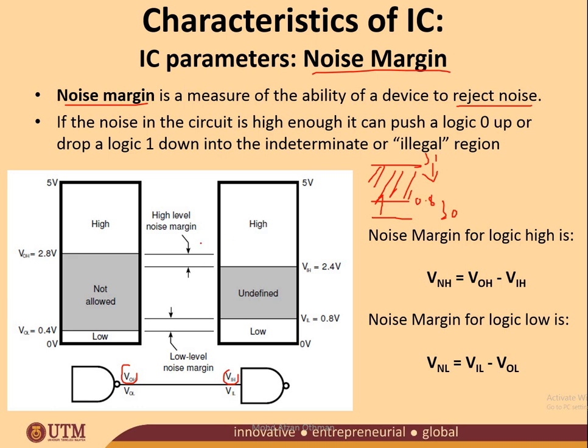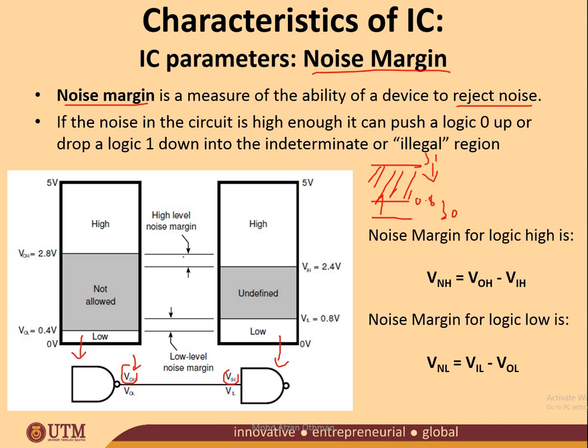You see this is the circuit here, the logic level for this gate, and this one is the logic level for this gate. For example, now you see from 5 volt until 2.8 volt is considered as logic 1 at VOH here. However at VIH at the input, it is 5 volt until 2.4 volt to be considered as logic 1.